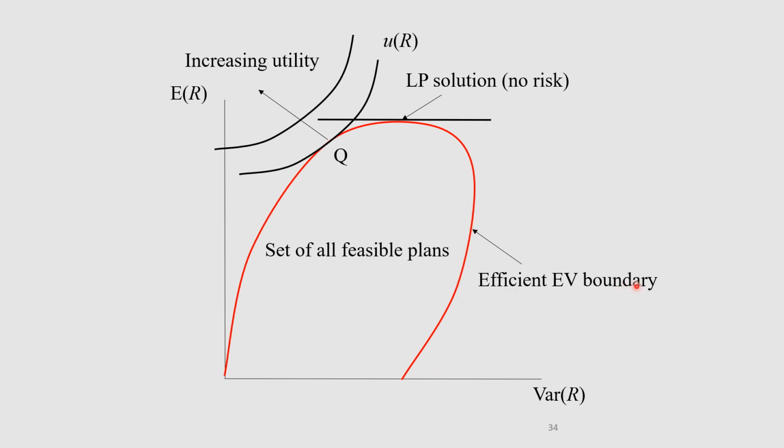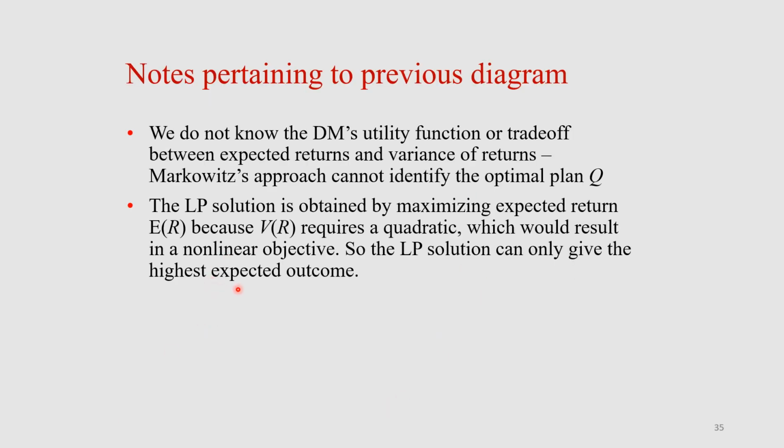This is our efficient mean variance boundary, and we have increasing utility in this direction because you're increasing your mean return, and you have your variance here, and you want to reduce variance and increase returns at the same time, which implies you're moving up in this direction. The linear programming solution is no risk, which we identify as this point here, and we do not know the decision maker's utility function or trade-off between expected returns and variance of returns.